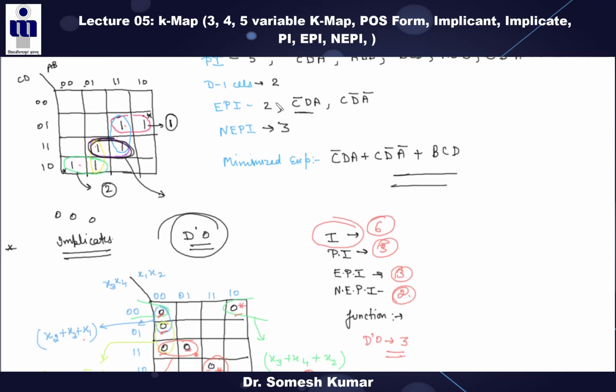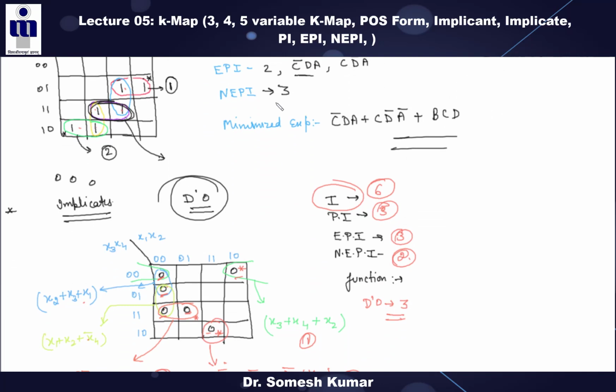Clear? Now, can I say these prime implicates are basically dual of prime implicants? You can try this statement. Prime implicates are dual of prime implicants, right?